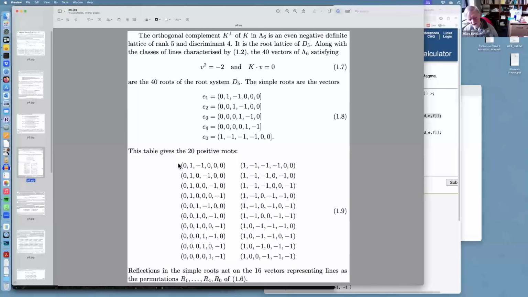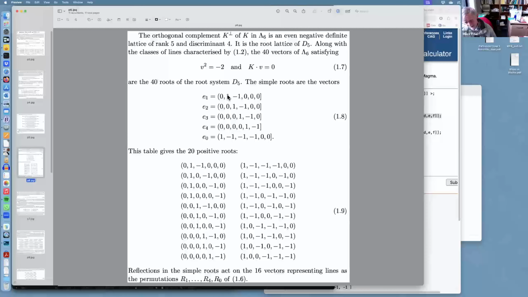Yes. Now, these are the positive roots. So in a root system, it's a theorem that any root, any vector satisfying these conditions, is either a positive integral combination of the simple roots or a negative integral combination.